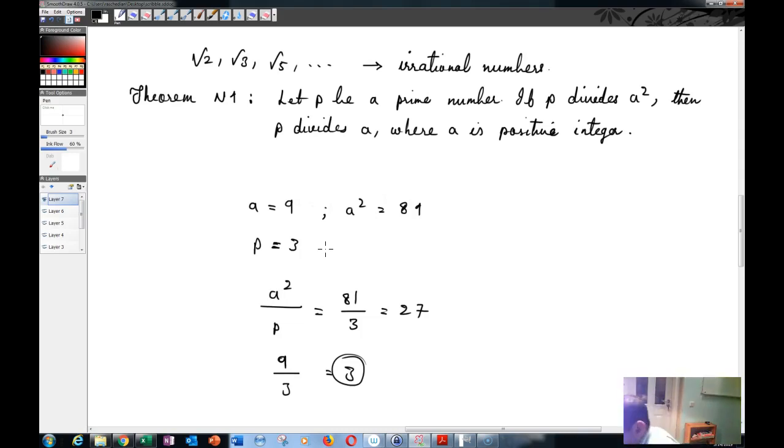I kind of realized this while I was doing some calculation. I was solving some problems, and I noticed that if you have a number that is divisible by some number, then the square root of that number is also divisible by that number as well.